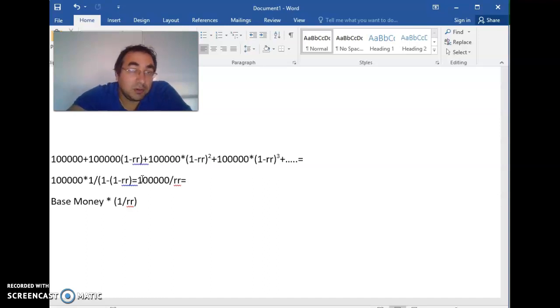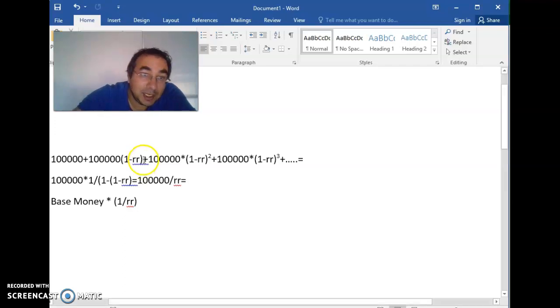The amount times the reserve ratio is sent to the reserves. The rest is sent back to the economy, which is equal to the amount that came to the bank times 1 minus the reserve ratio.